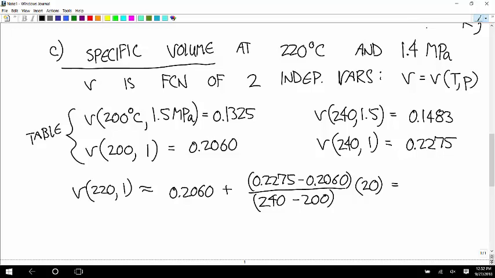Can someone multiply that out, calculate that for me? 0.21675.